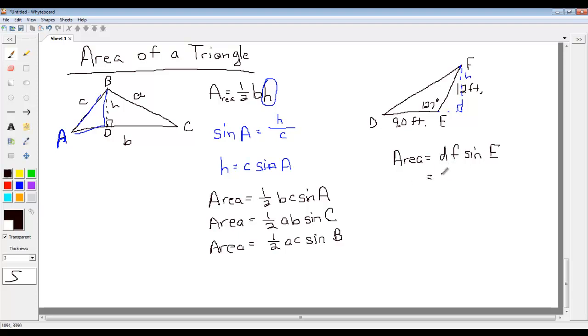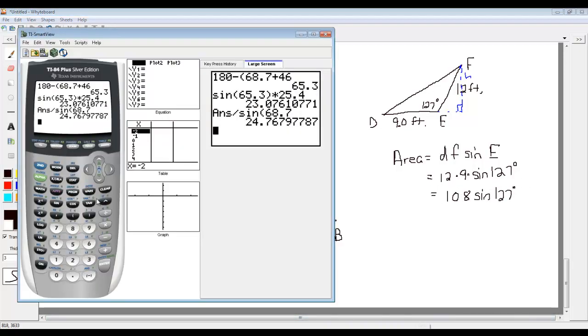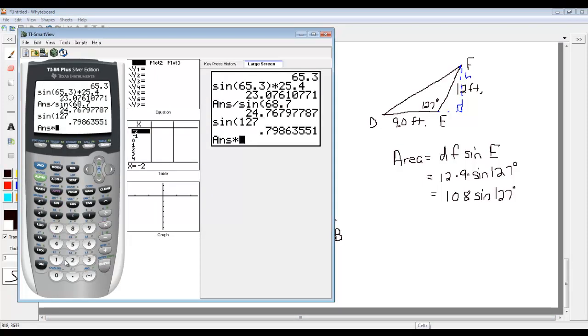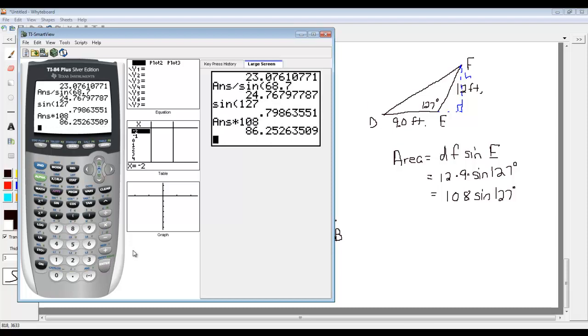So we can take the 12 feet times the 9 feet times sine of 127 degrees. So we got 108 times the sine of 127 degrees. Let's see what that comes out to. Sine of 127, then times that by 108, and you get that.